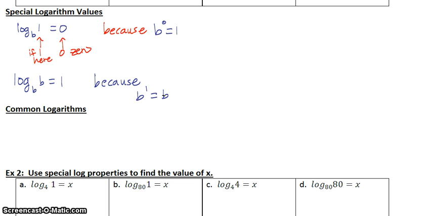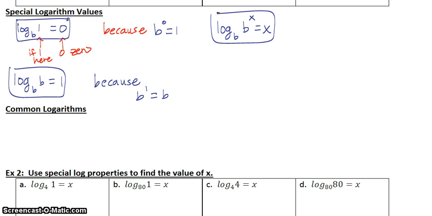The next property you need to know, or not property I guess I should say, but formula, rule. Let's say now I have log base b, and now I have it of b, but it's to the x exponent. So log base b of b to the x. That is equal to x. Here's why. If I convert this to exponential form, here's my base.